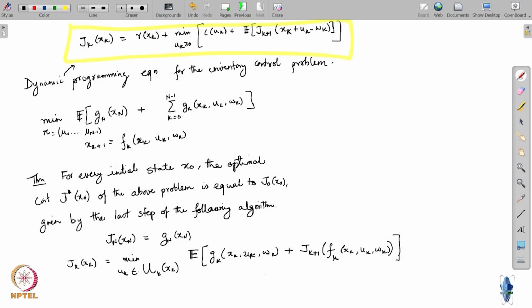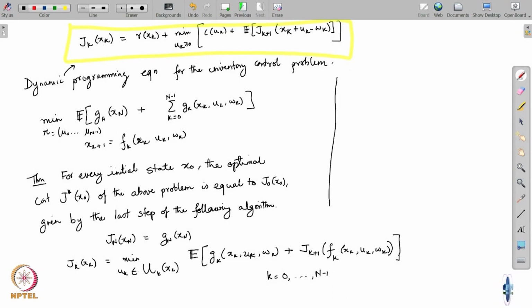You do this for k equal to 0 all the way till k equal to n minus 1. In other words, you need to do this in reverse. You start from k equal to n minus 1 and proceed all the way till 0.